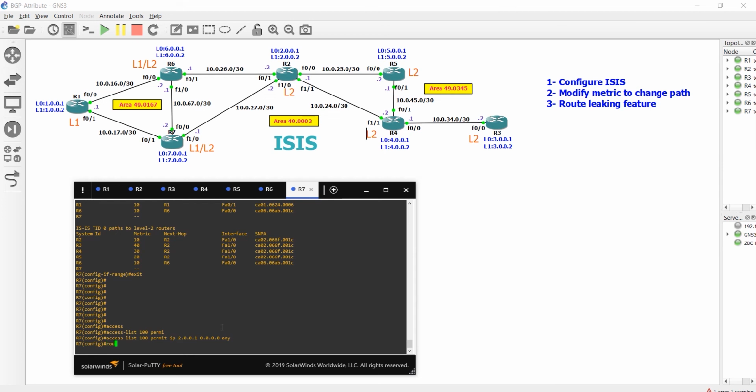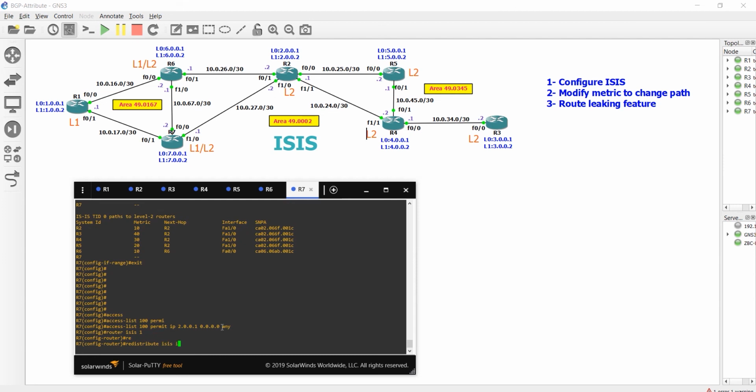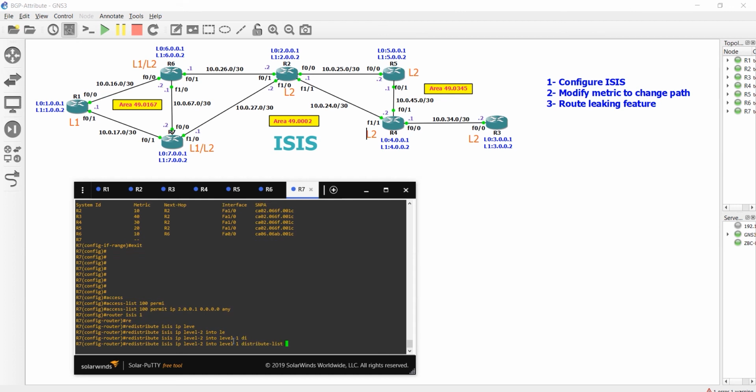And you should enable in the ISIS protocol, we should redistribute ISIS IP level, this one is level 2. Okay, guys, into level 1 and distribute list. What is the number?